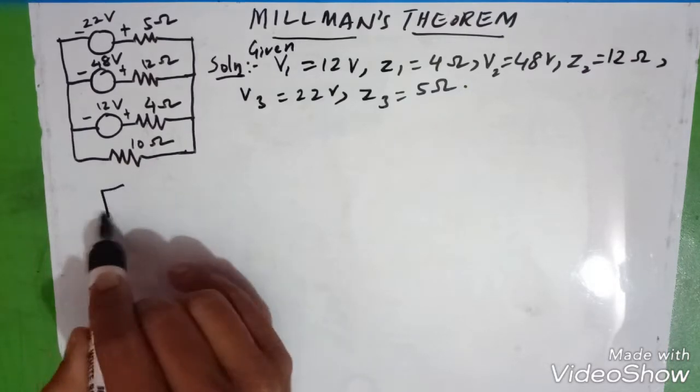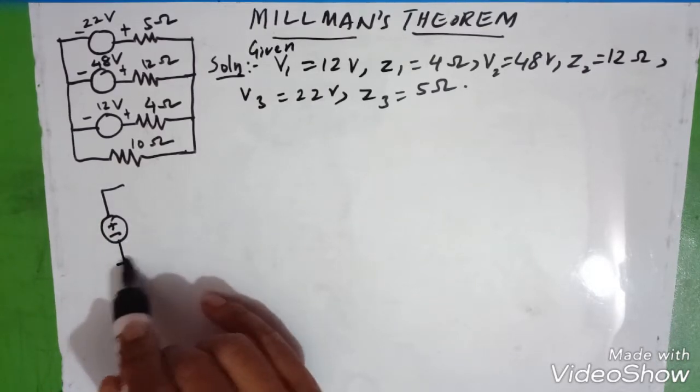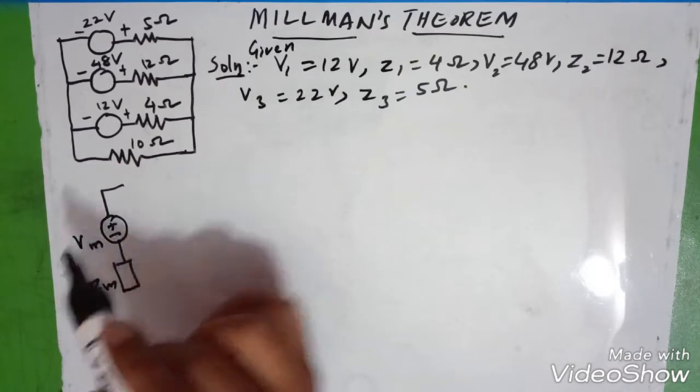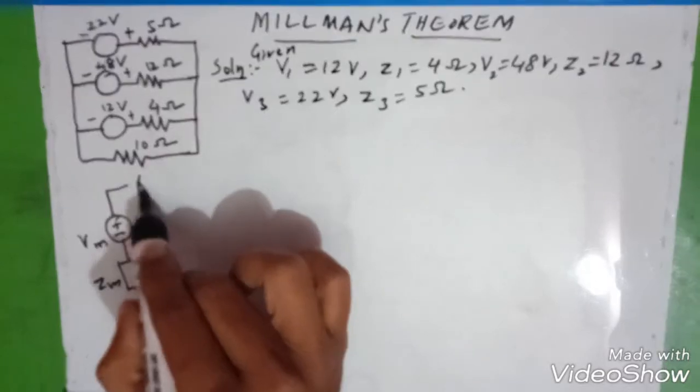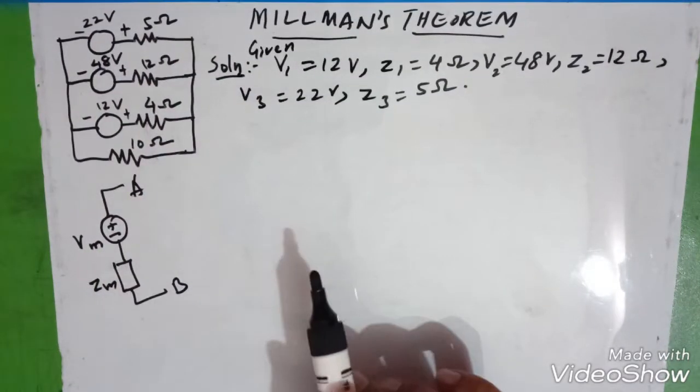You can draw it like this. This is a single voltage source and a single impedance, A, B. All the sources are converted into a single one.